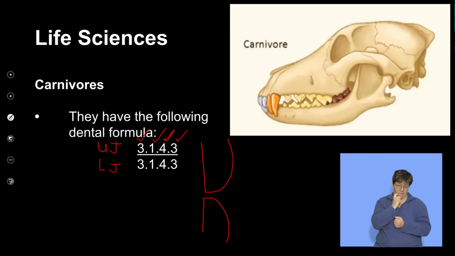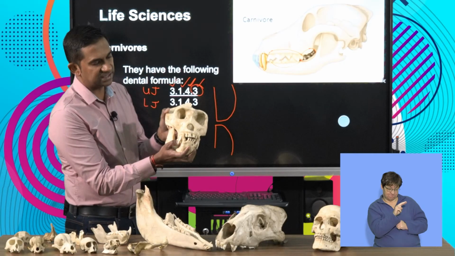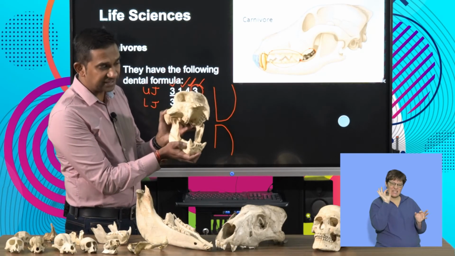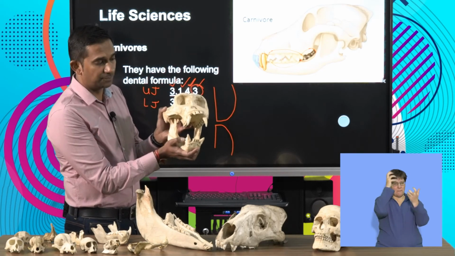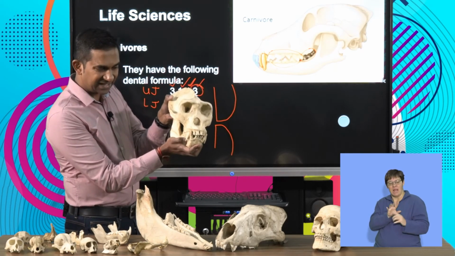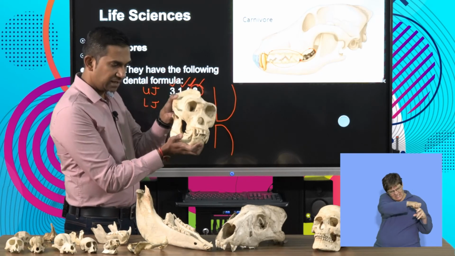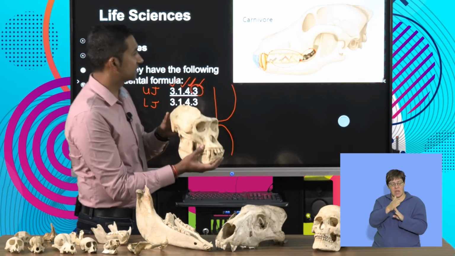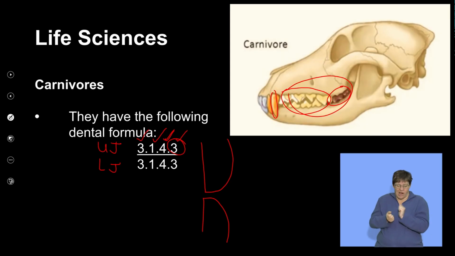If you look at that, you can clearly see the developed canine there. You can see your 4 premolars and your 3 molars there. And so we can clearly see how these jaws are specifically well adapted to bite, tear, and then use their premolars and molars to crush bone and meat into more soluble particles.